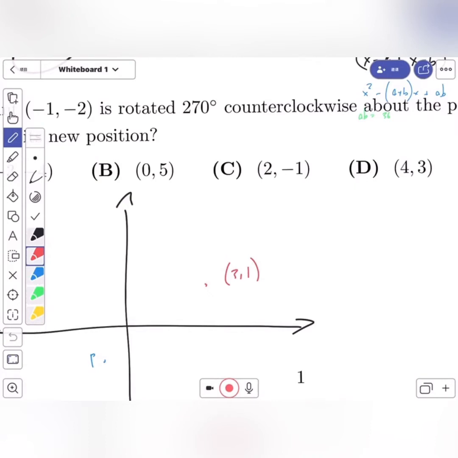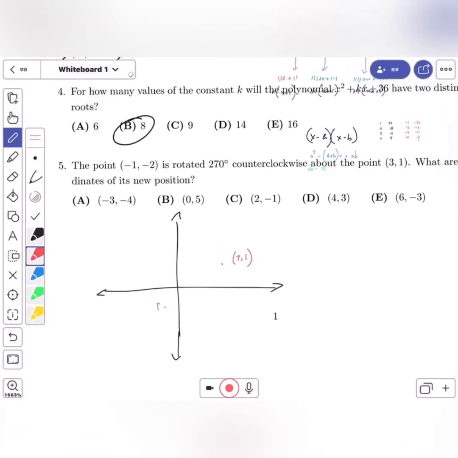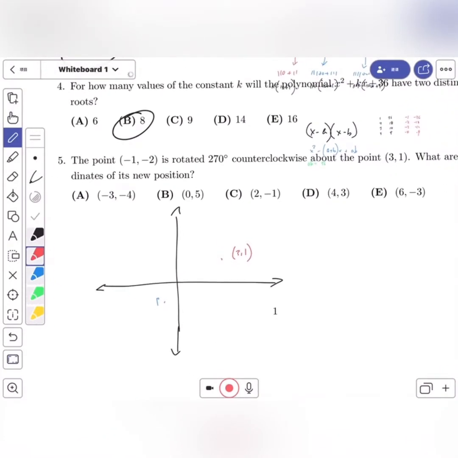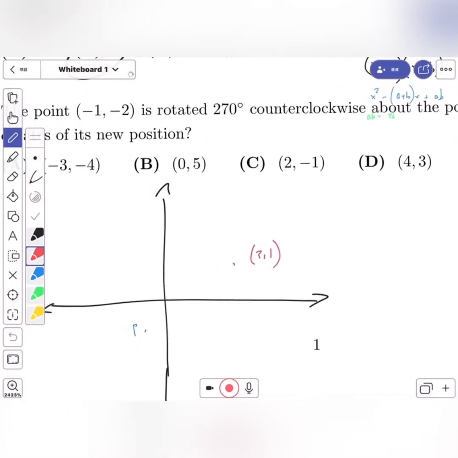Rotating 270 clockwise is actually the same as rotating 90 degrees clockwise. So this tells us that our new coordinate would land in the second quadrant.